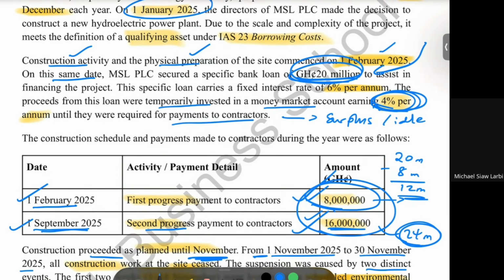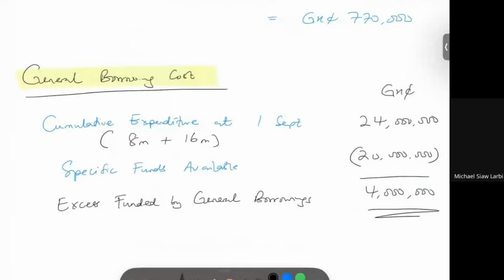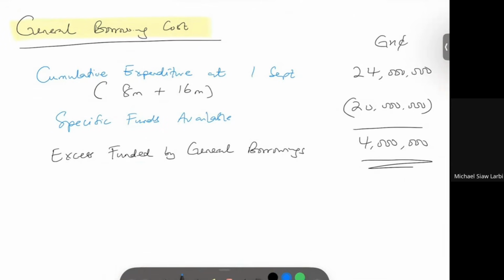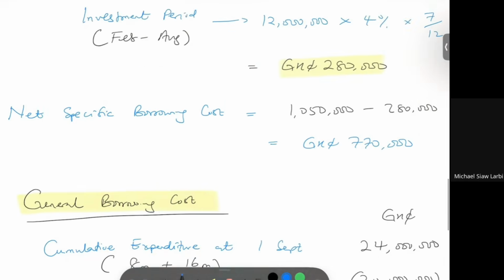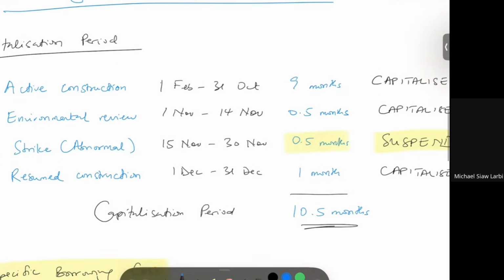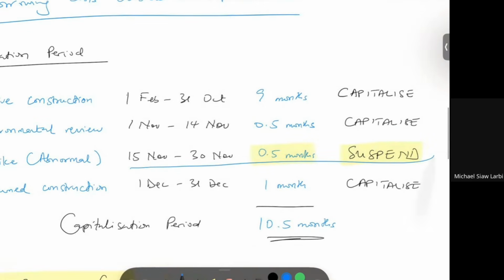Okay. So what is the effective period? September, October, November, December is 4 months. September to December, both months inclusive, will be 4 months. But don't forget that there was some gap, for half a month where we suspended capitalization.